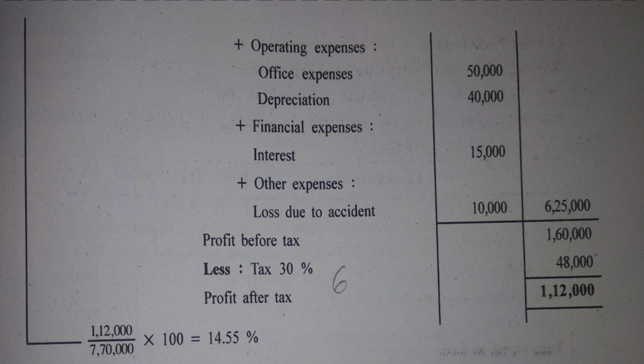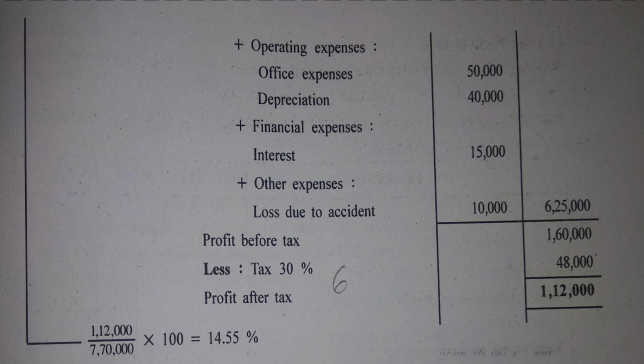Income tax is to be deducted from profit before tax to obtain profit after tax. So 1,60,000 minus 48,000 gives you 1,12,000, which is profit after tax, the one required for calculating net profit ratio.